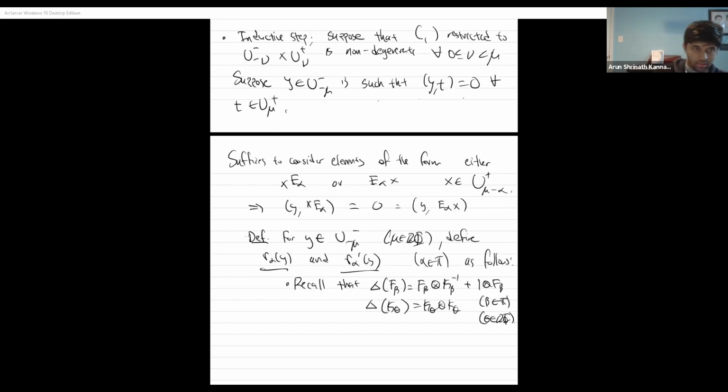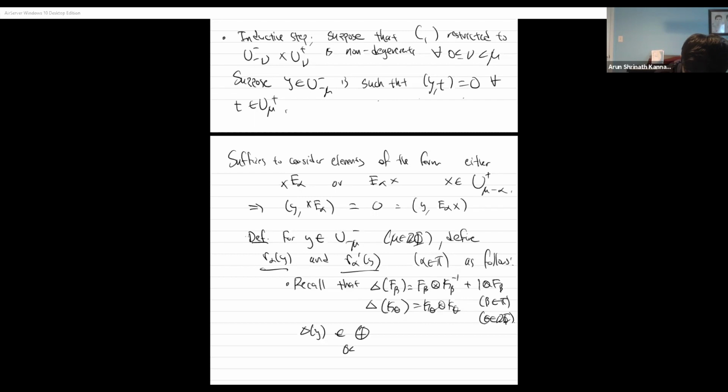So since u less than or equal to 0 is generated by these, you can show pretty directly that the delta of y, where y is in u minus mu, is in the following subspace.